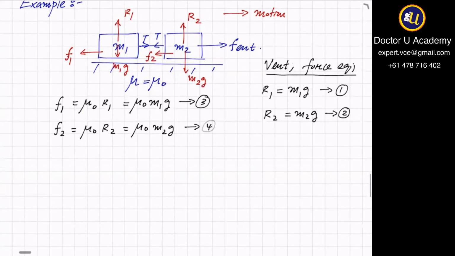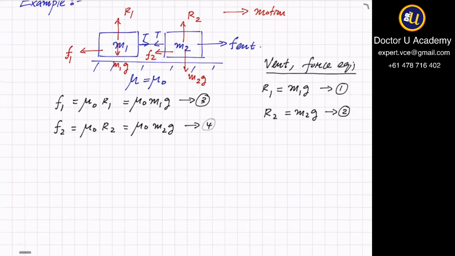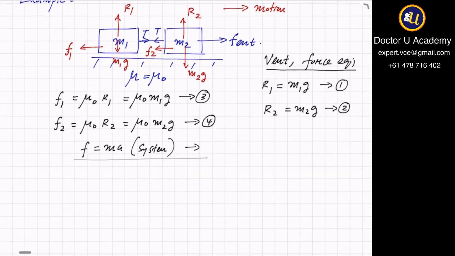Now we will use F equals ma to the system in the right direction so that we can find the acceleration of the system. Horizontally, the net force would be F external minus F1 minus F2, because F1 and F2 are friction forces.